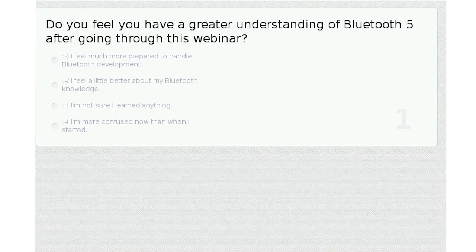Basil, I apologize if I didn't pronounce your name correctly, is curious why, for the coded PHY, they didn't drop the 2 megabits in half and get twice the distance. If we are now allowed a 2 megabit PHY, why not do a 1 to 2 conversion and send it at 1 megabit per second and get twice the distance? That's a good question. To be honest, I don't know.